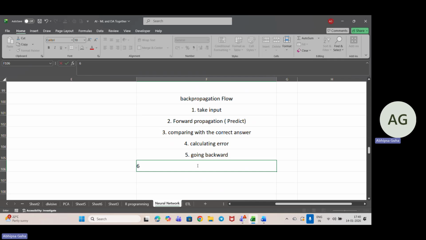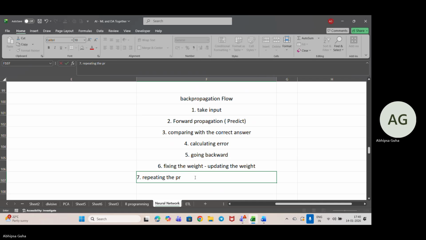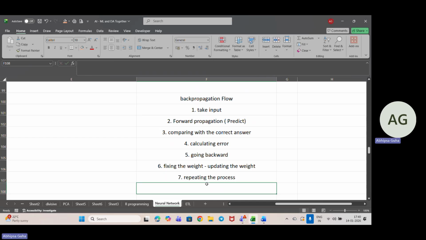Sixth step is fixing the weight, that is updating the weight. Then we are going for repeating the process. Okay, so this is how we are going further.